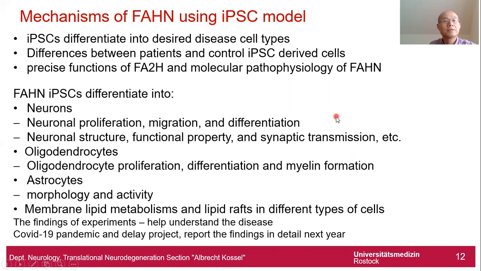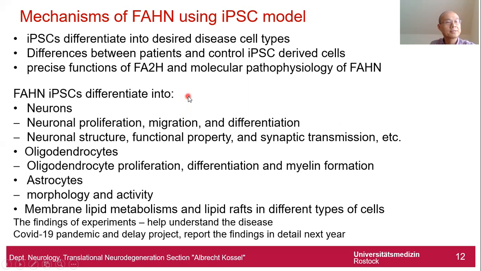The last part of our research is using the iPS model to study the mechanism of FAHN. After iPS differentiate into the desired disease cell types, the difference between the patient's and the control iPS-derived cells will be checked in order to find out the precise function of FA2H and the molecular pathophysiology of FAHN.